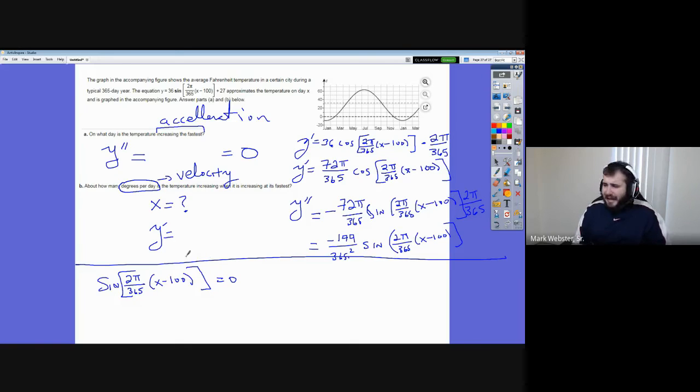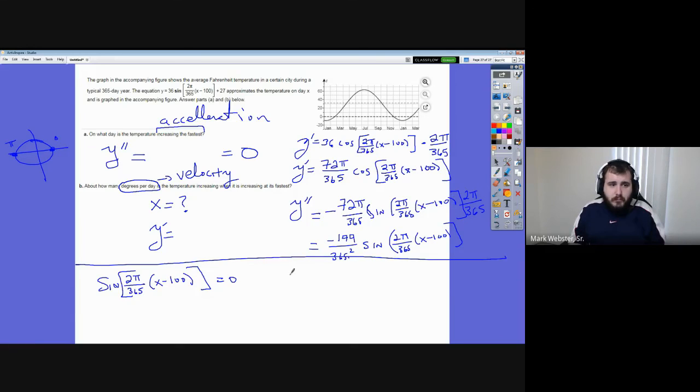And so where does sine equal 0? Where is the y value on the unit circle 0? It's at 0, and it's at pi, right? So we have two different answer possibilities. So we're going to have to check both, it looks like.